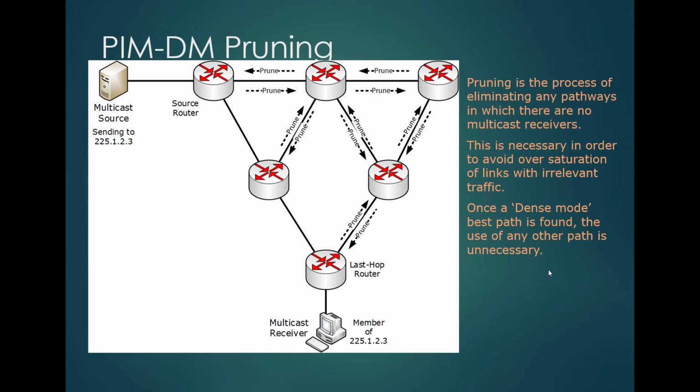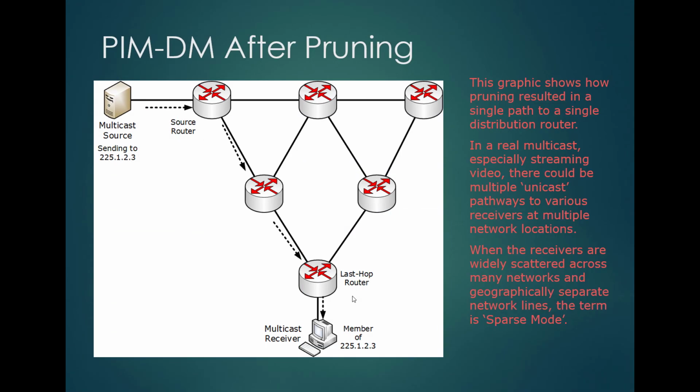Here's another example. The book is talking about pruning. We determined this is the best way of going here, down this way, so we prune away so that traffic only flows this way. After pruning, we're just going through whatever routers we need to get to that location.